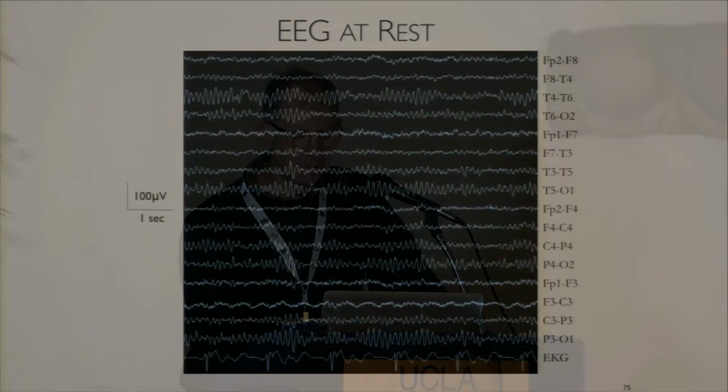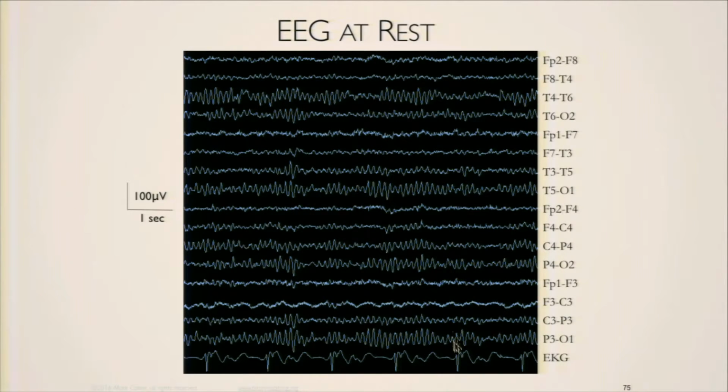This is 30 or so electrodes on different parts of the surface of the head. And one of the prominent things you can see in here is these large sinusoidal oscillations. Look, this is the heartbeat, right? So you get some sense of time scale. These oscillations are occurring at about 10 to 15 times a second. Does anybody know what that is?